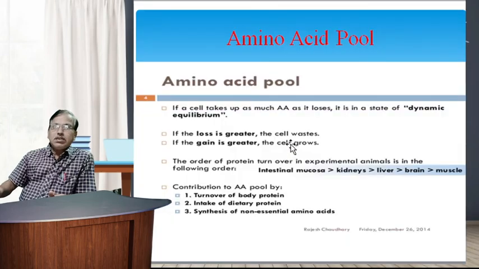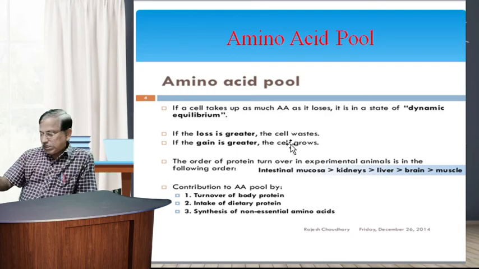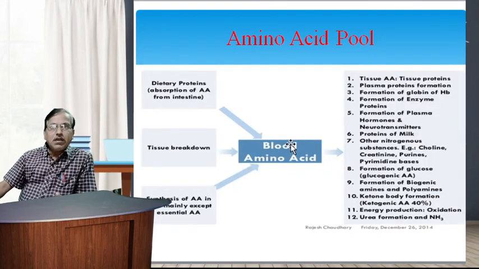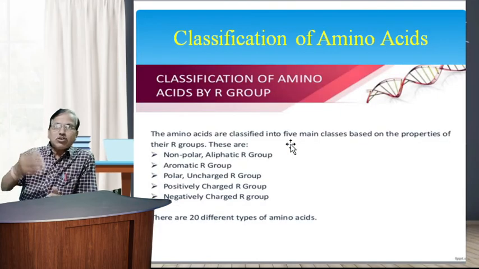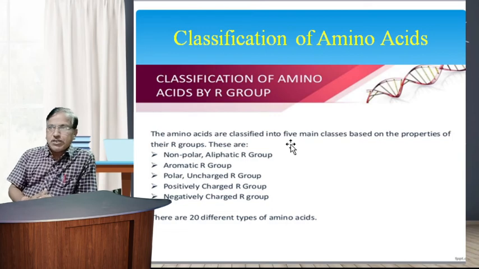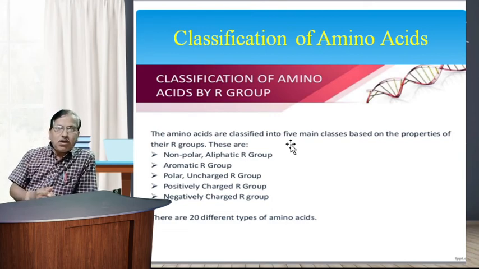Next is a brief look at the concepts already discussed: amino acid pools as essential amino acids and non-essential amino acids. In a short view, the classification of amino acids. There are 20 different types of amino acids.